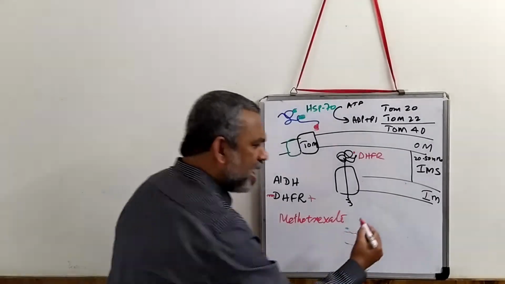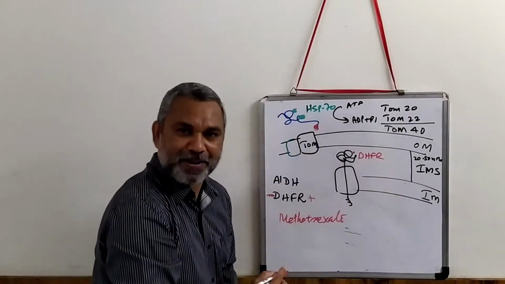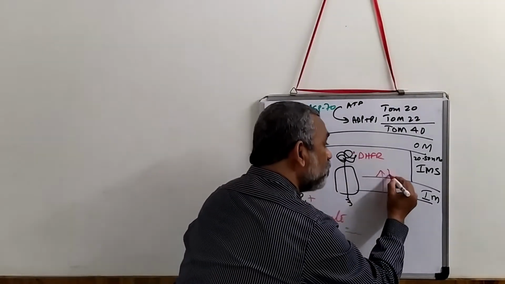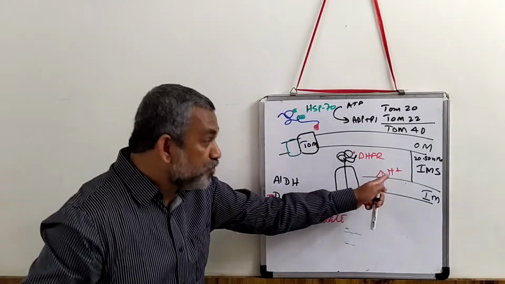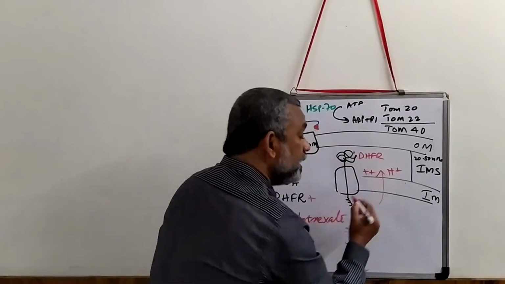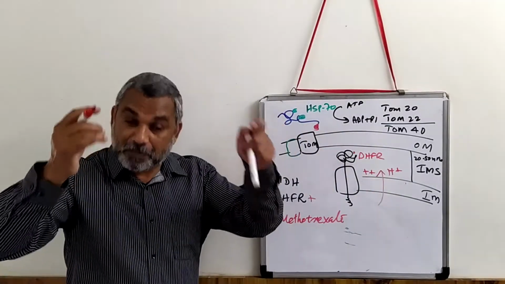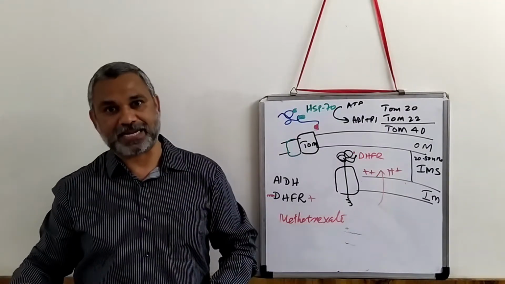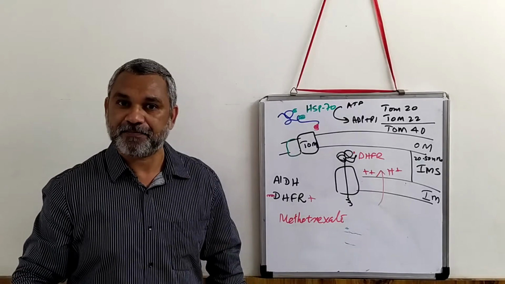We are well aware that the electron transport chain, which is present in the inner membrane, transports a lot of protons to the intermembrane space. This positive charge is essential for bringing the protein into the mitochondrial matrix. So energy in the form of PMF is needed.